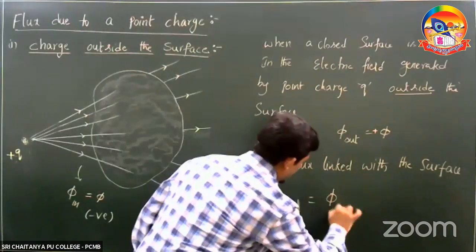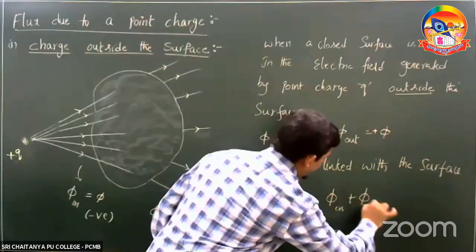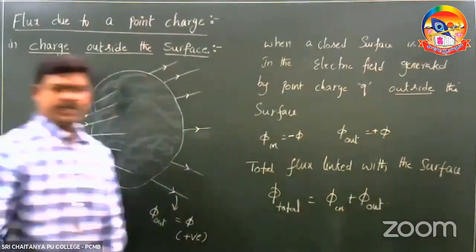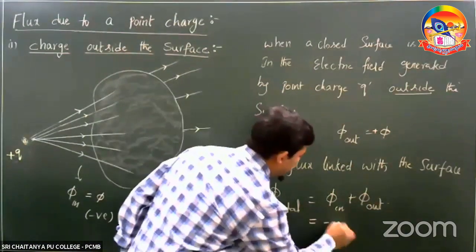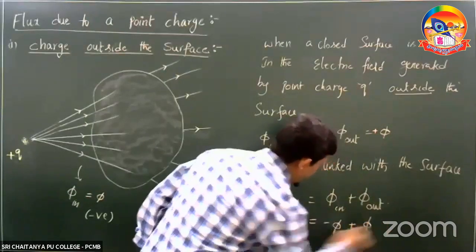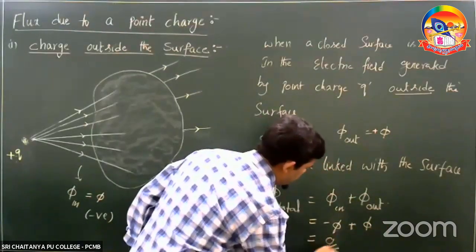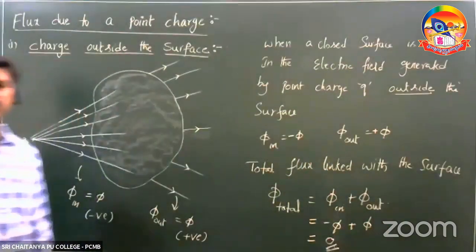Pi total is pi in plus pi out, which is minus pi plus pi, that is 0.